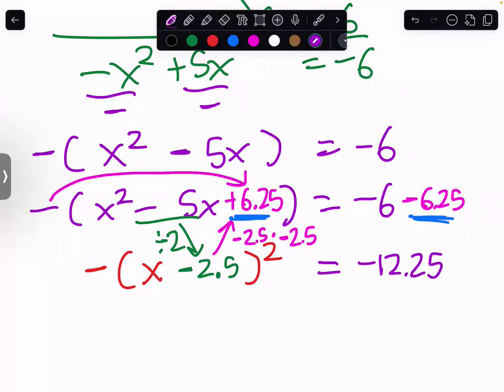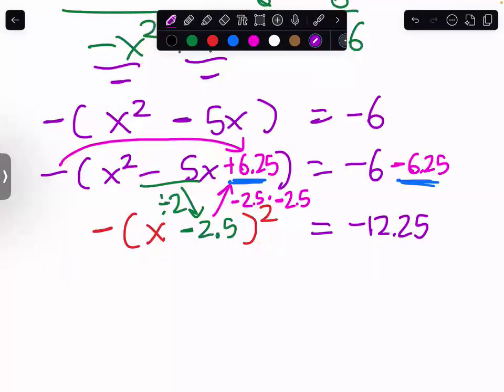Okay, next step, we want to get the parentheses by itself. So that negative in front, we can get rid of it by dividing both sides by a negative.